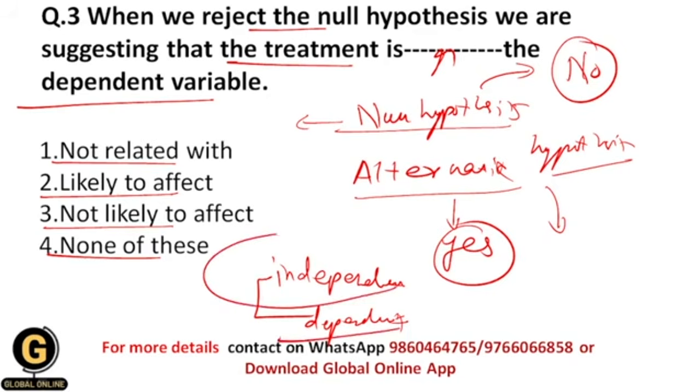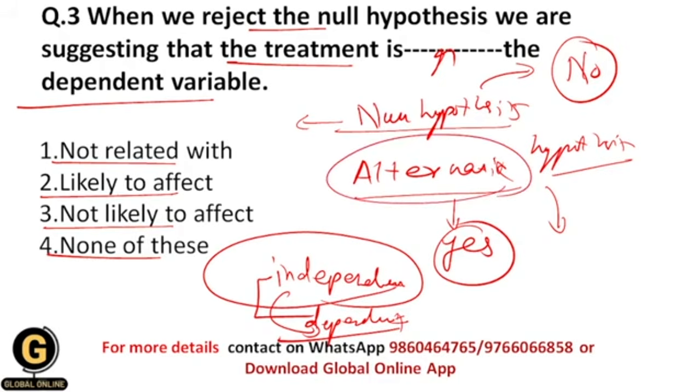So whenever we alter the values of independent variables, then obviously it will affect the values of the dependent variable. So it's like that, and that's why whenever we reject the null hypothesis, then obviously we are going to accept the alternative hypothesis, and that's why it suggests that the treatment is affecting the dependent variable, and that's why your correct answer should be 2, that is likely to affect the dependent variable.